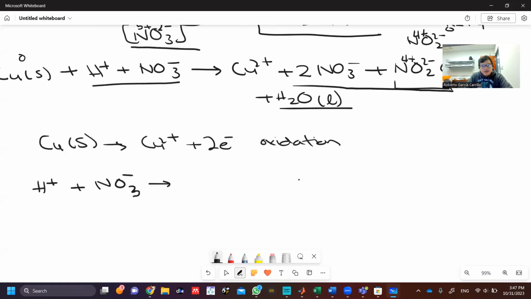But in this case, nitrates are spectators because the limiting reagent is copper. Therefore, you will still have unreacted nitrates in solution. So let's not include the nitrate, just the nitrogen dioxide. So it's nitrogen dioxide plus water.